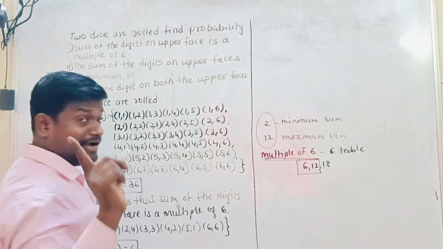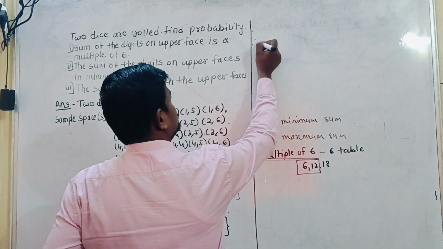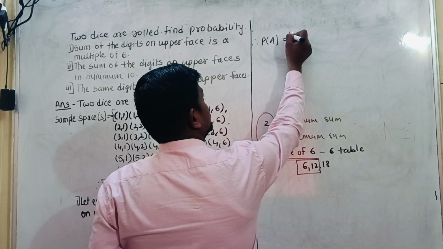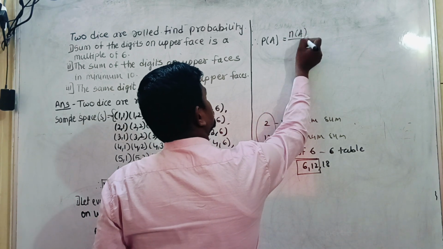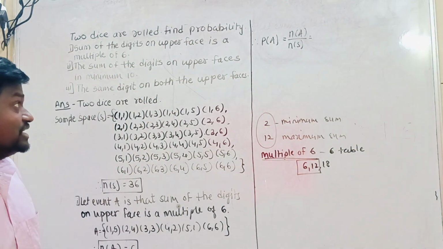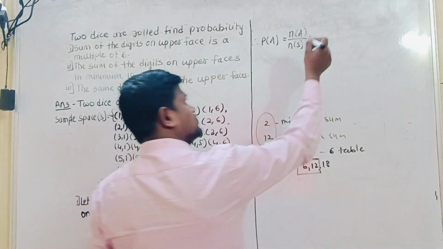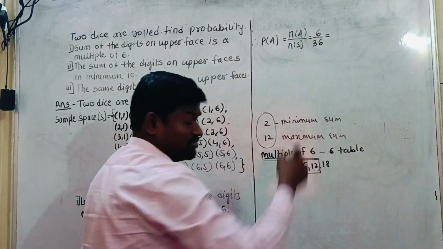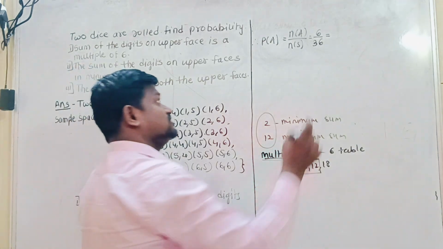For this we have to find probability. So let's find probability for event A. First we have to write down our formula as I mentioned earlier. So number of A is 6 and number of S is 36. Both numbers are divisible by 6.